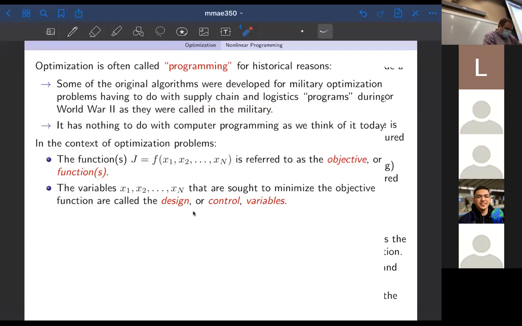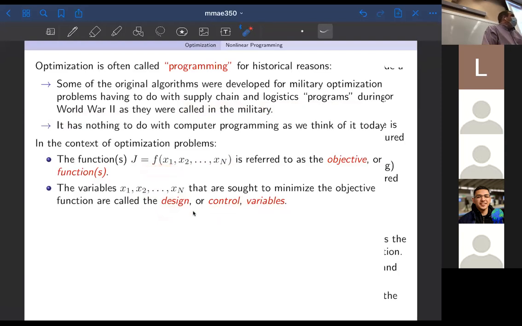And then again, our variables are the independent variables from a mathematical point of view, but now we're going to call them our design variables, or sometimes in certain contexts the control variables. Whatever you call them, they are the independent variables for the problem. F is the dependent variable, but we're now going to call that our objective function.